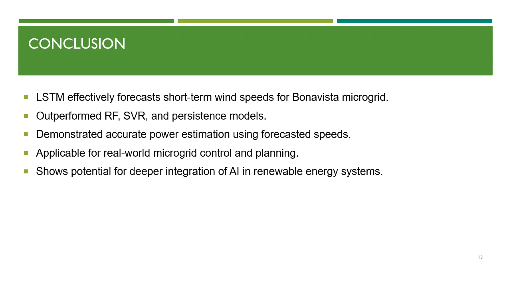It also translates its accurate forecast into useful wind power estimates, showing real-world applicability. These findings support the integration of LSTM into renewable energy forecasting for remote and islanded microgrids.